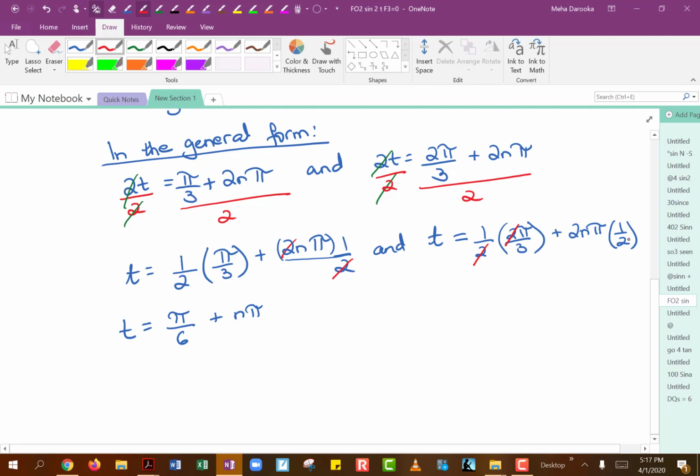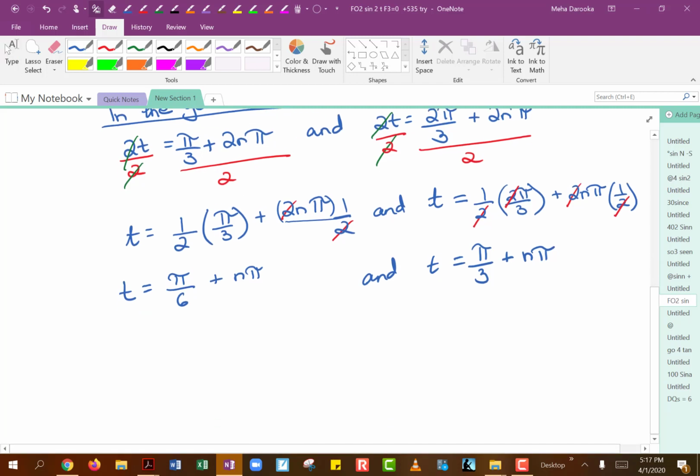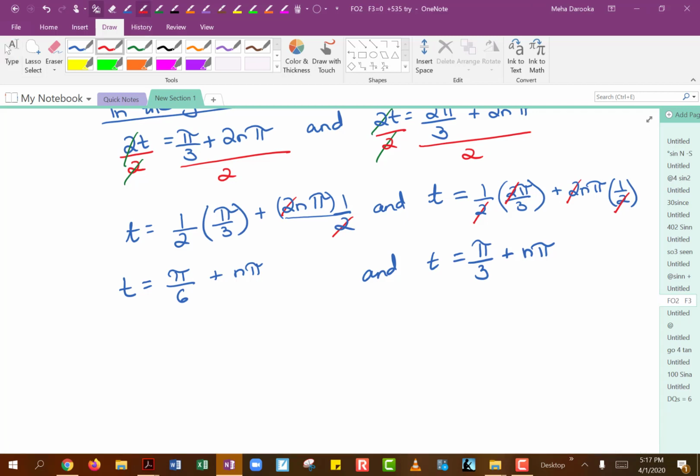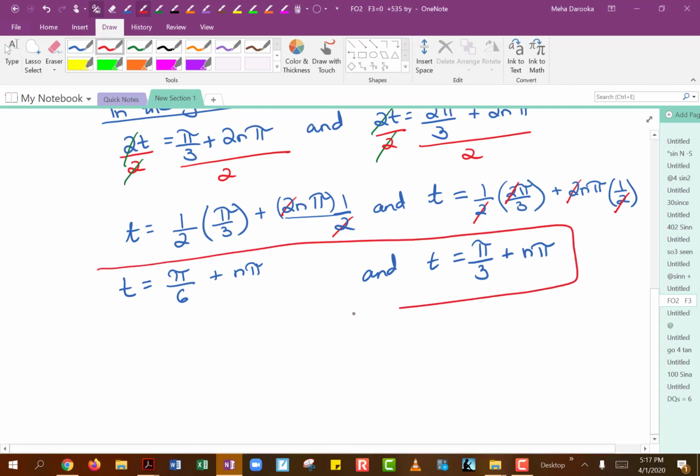And same thing on the second side, this 2n pi, the 2 and the 2 on the bottom will cancel out, leaving us behind with t equals pi over 3 plus n pi. Okay, so pi over 6 plus n pi and pi over 3 plus n pi are going to be our final solutions for this example.